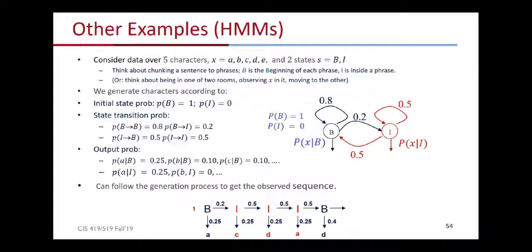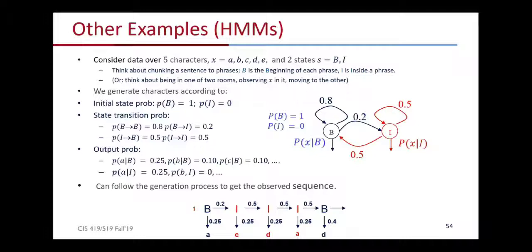Does that answer your question? Yeah. So in this, we know the sequence of A, C, D, A, D, and we know the output probability, like 0.5, and we don't know the transition probability, but we know how many hidden states. We don't know any of the probabilities. Everything has to be estimated.